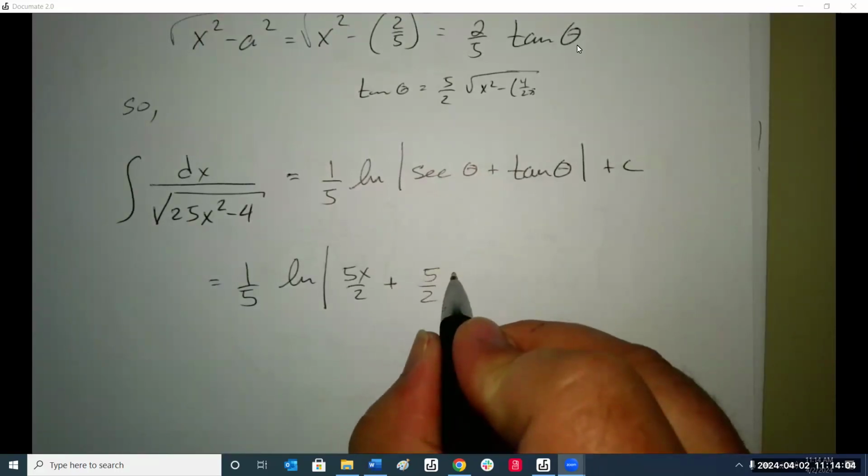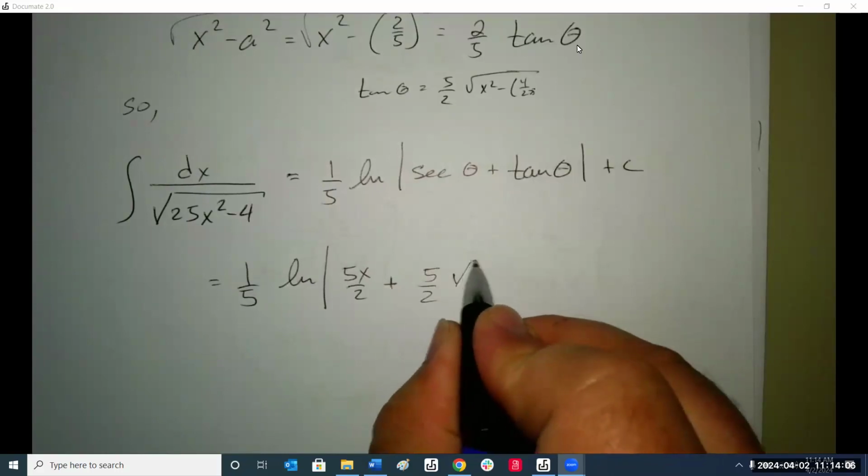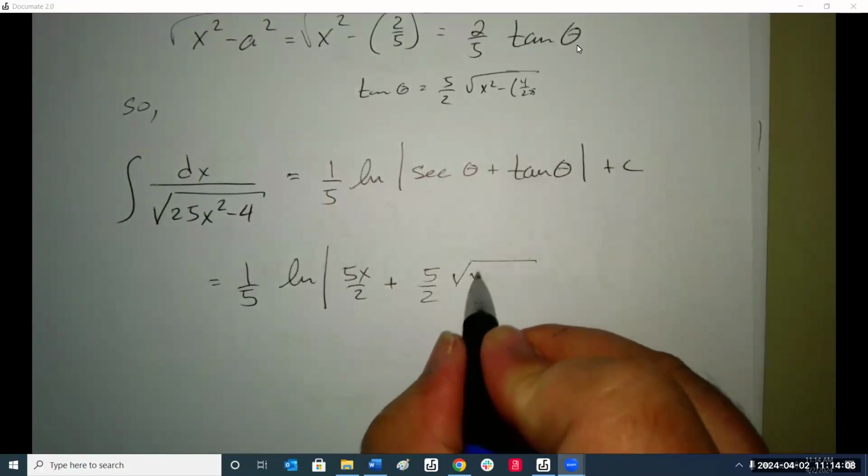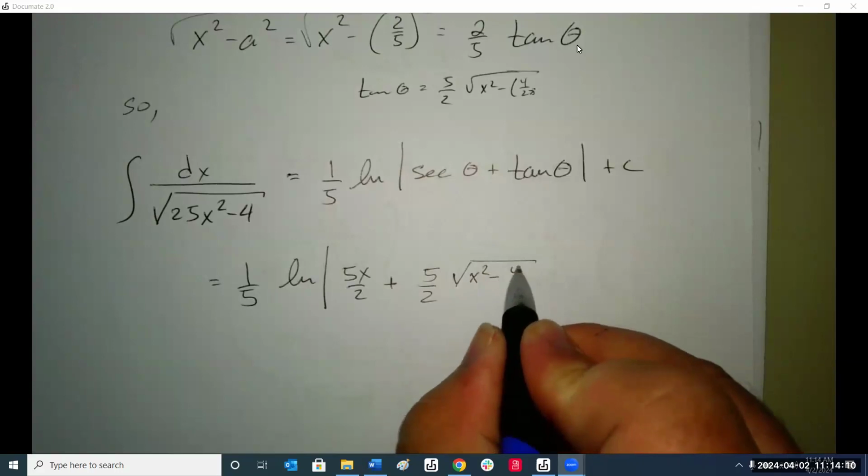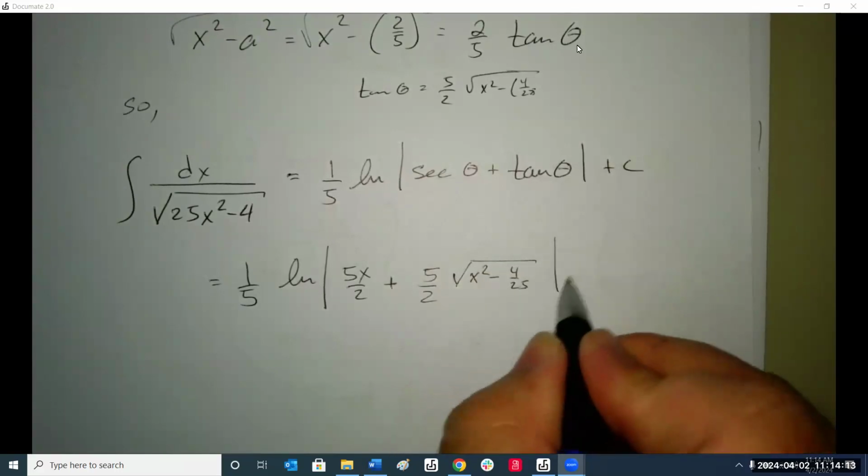Five over two square root of x squared minus 4/25.